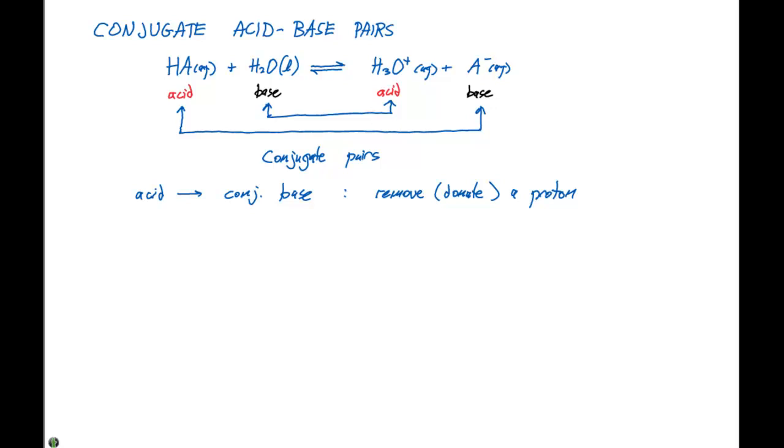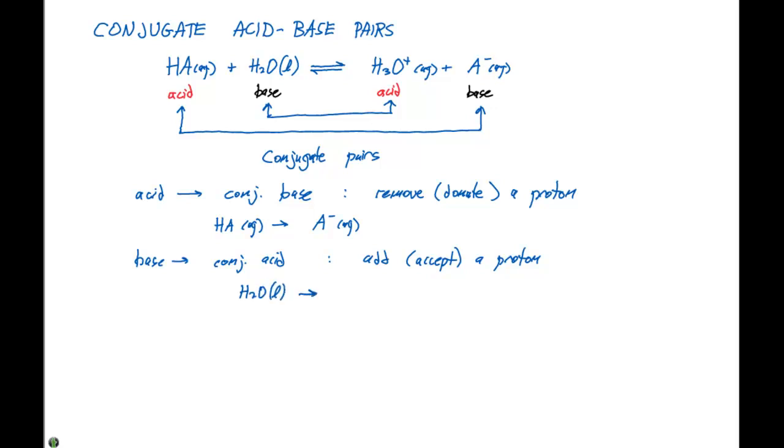So to go from an acid, HA, to its conjugate base, A-, we have to remove or donate a proton. To go from a base to a conjugate acid, we have to add or accept a proton. For this particular example, we have H2O liquid going to H3O+ in aqueous solution.